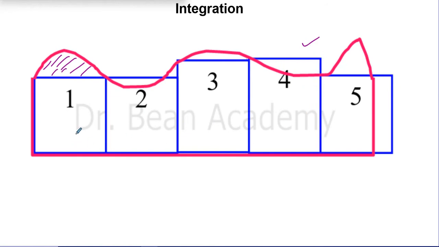Because if I find the area of this triangle, these, and these, then of course that area may be an estimate of the area of the actual shape, but it is not a perfect area, because some area is left, and here if you see, some unnecessary area is included in my calculations.